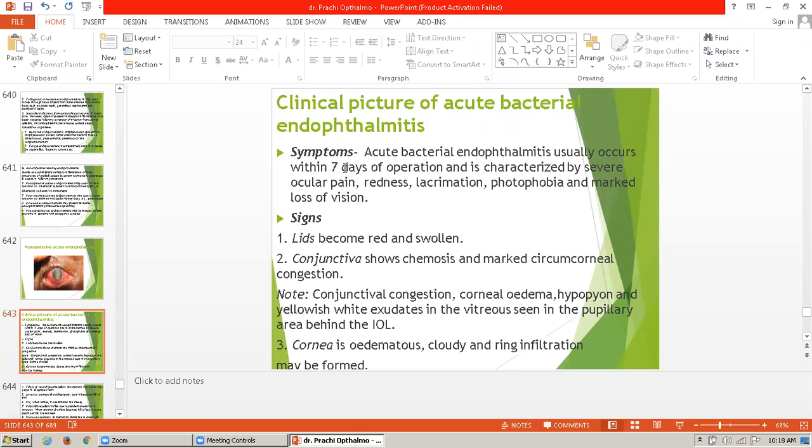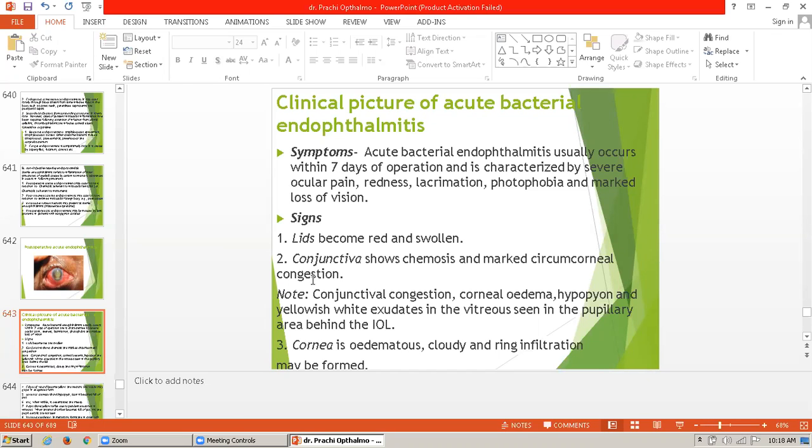So these are the symptoms that the patient tells us, and the signs that we see in the patient. The lids become red and swollen. As the patient comes to our clinic, we can see that the lid is red and swollen. Conjunctiva shows chemosis and marked circumcorneal congestion.